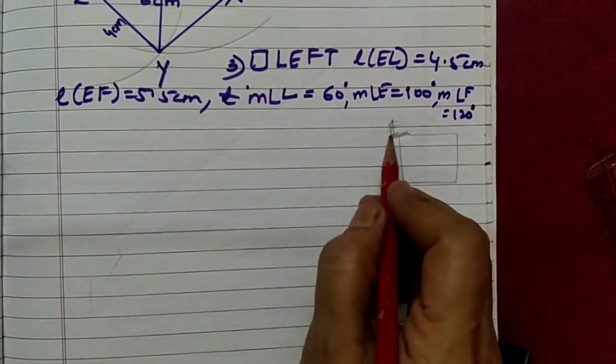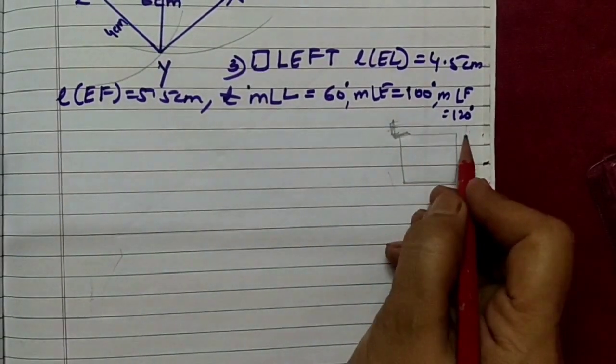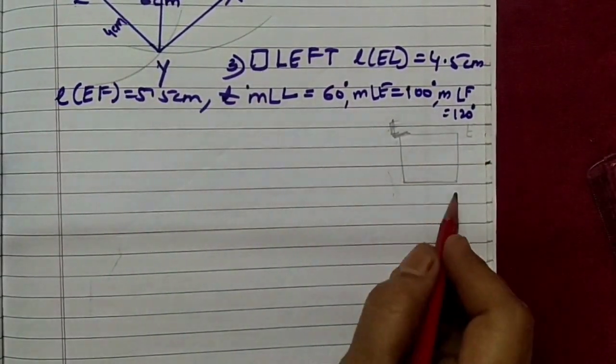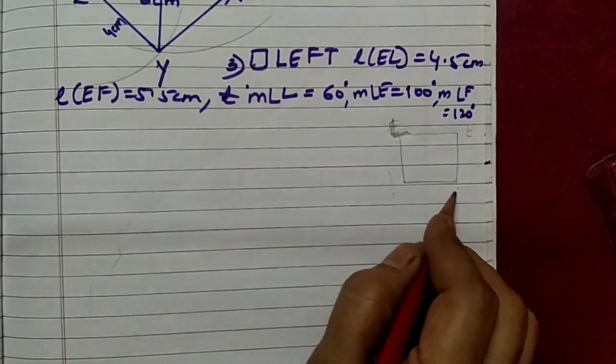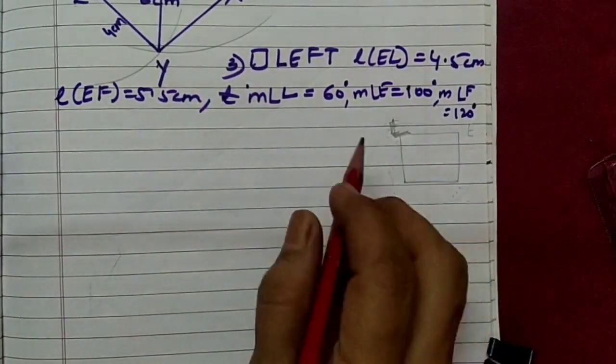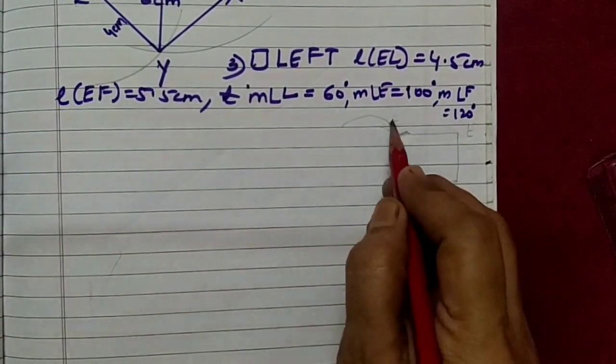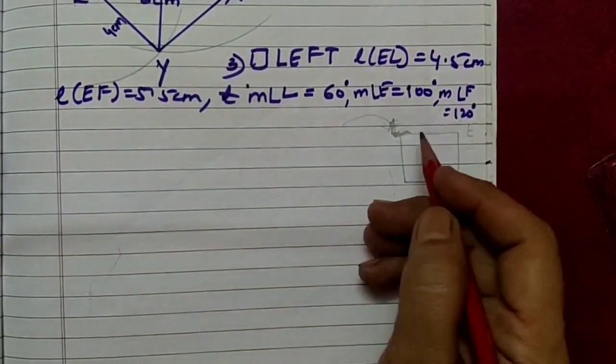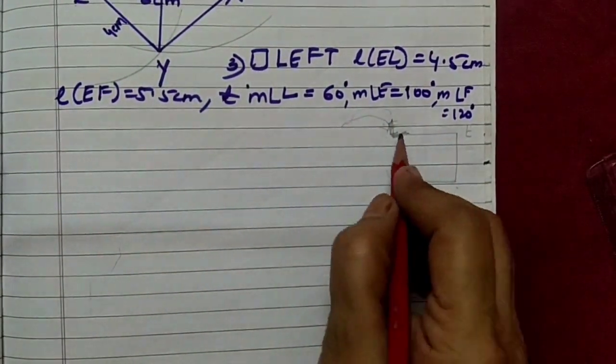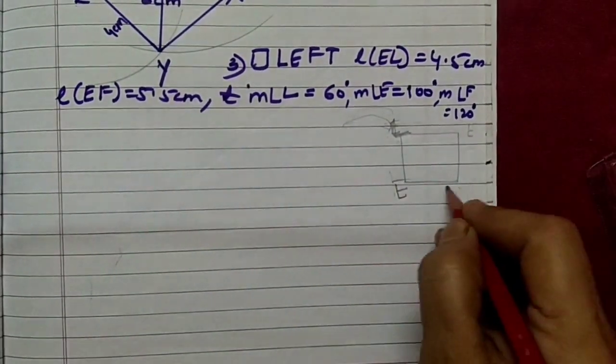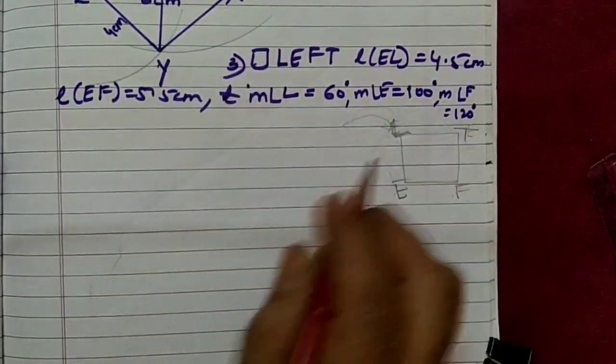So after I put L here, E should either come here or E should come here. You cannot put E over here. You cannot do it this way, L, E, F, T. Either you go in the clockwise direction like the clock moves or go anti-clockwise. So I'll put L, I'll write here E, I'll write here F, and here I'll write T.